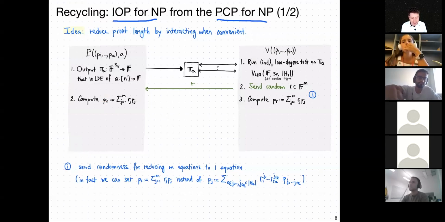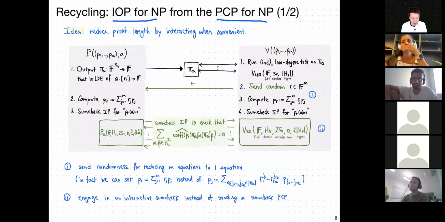Now that we have selected the bundled equation, rather than having the prover send a sum check game tree, let's just run a sum check protocol. The prover sticks around to chat, the verifier sticks around to chat, and we just run the sum check protocol on whatever is the addend, here basically the logic extension of the coefficients of the equation P_R times the quadratic terms.